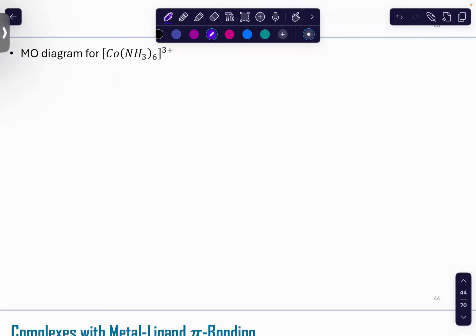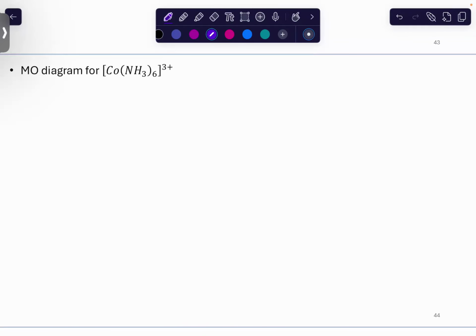But you get the idea that if you put together your EGs, your T1Us, your A1Gs, you're going to start to see some of these repulsive effects come into play. And it's going to give you an idea of where the energy levels go so we can actually start to build the molecular orbital diagram for, say, the octahedral cobalt amine complex.